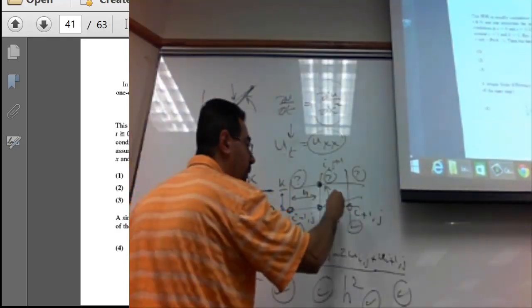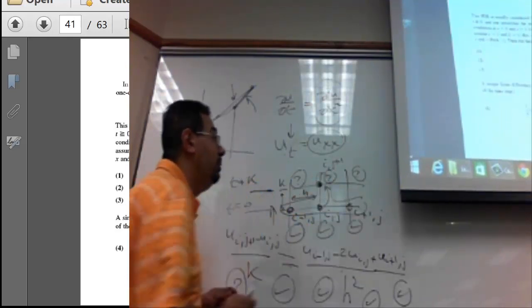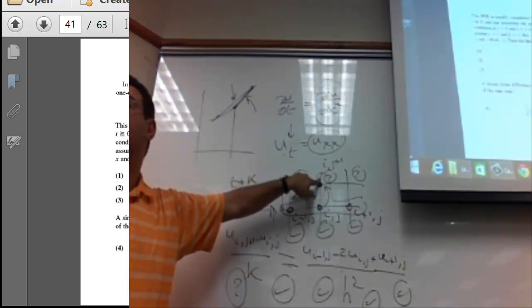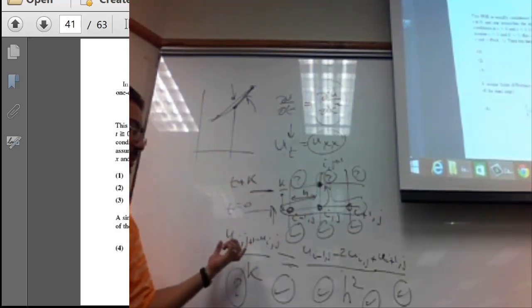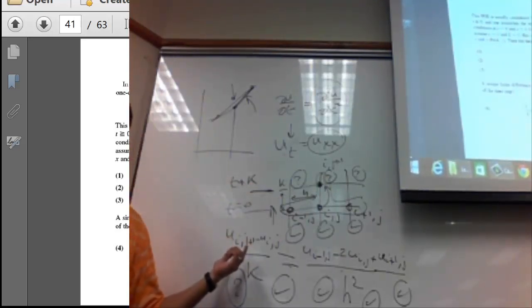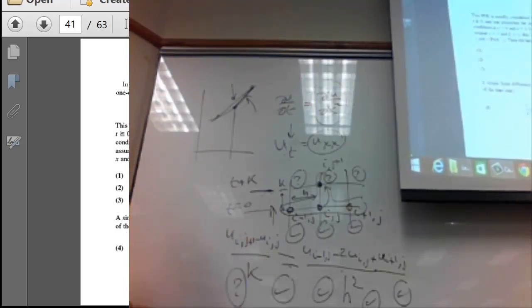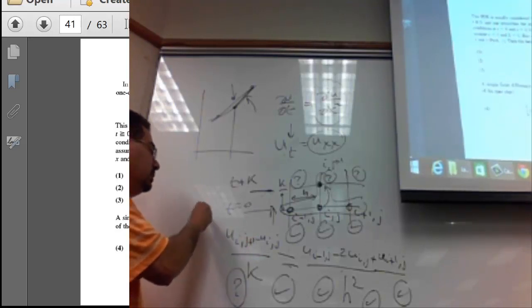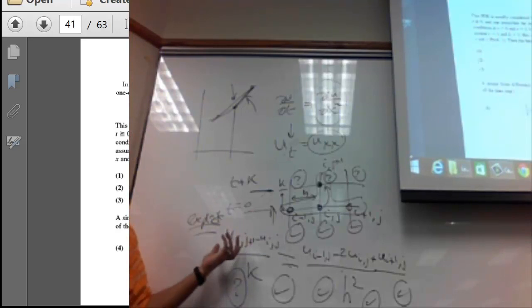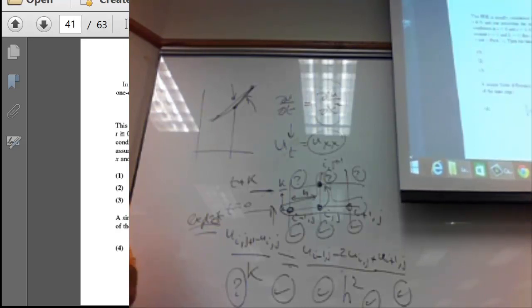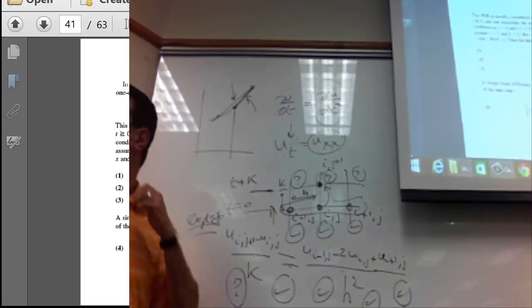So if you apply this formula, you know immediately what will happen in the future, because there's only one unknown: U of i, j plus 1. That's why they call this the explicit method. It's explicit in U of i, j plus 1, and gives it to you immediately. Other methods will not be explicit; they will give us a solution implicitly, not straightforwardly.